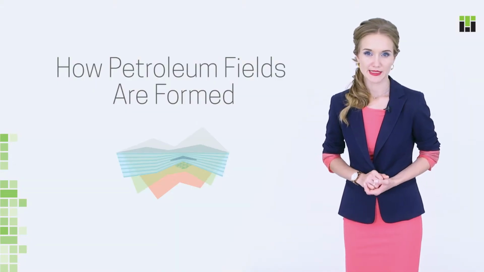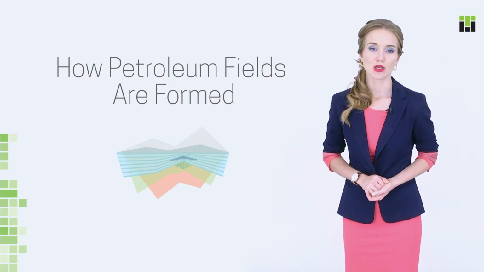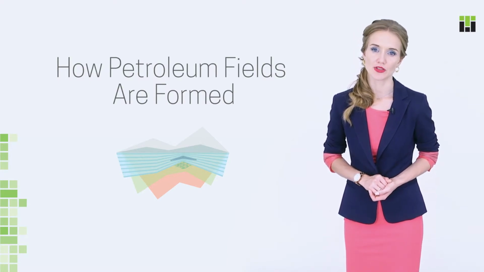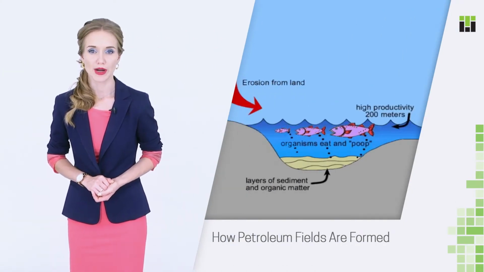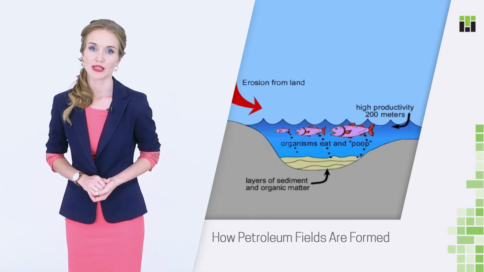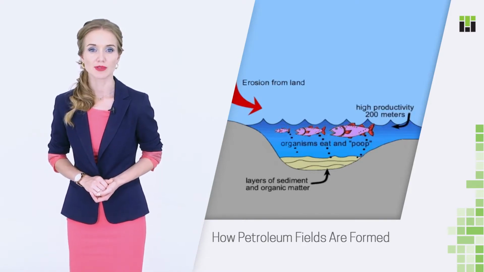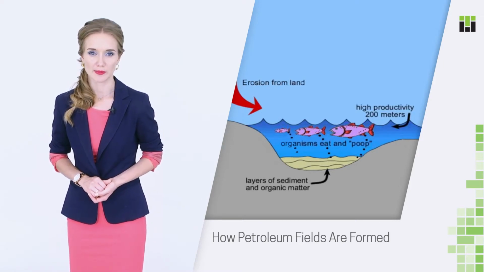Nowadays, the best established and acknowledged theory of petroleum origin is the so-called organic or biogenic theory. According to this theory, oil originated from the remains of microorganisms that populated extensive shallow water basins millions of years ago. As they were dying, these microorganisms subsided to the bottom, building massive accumulations of organic matter.